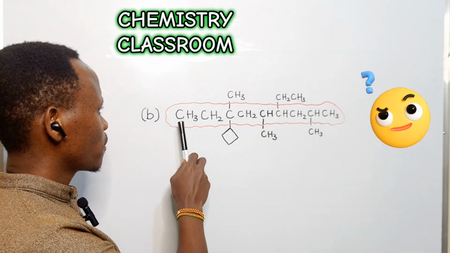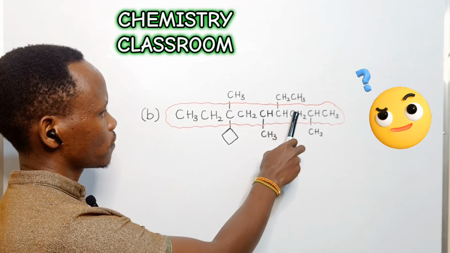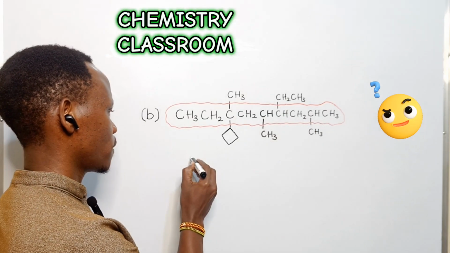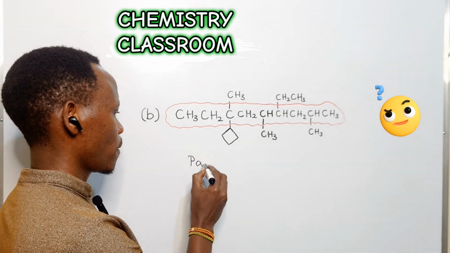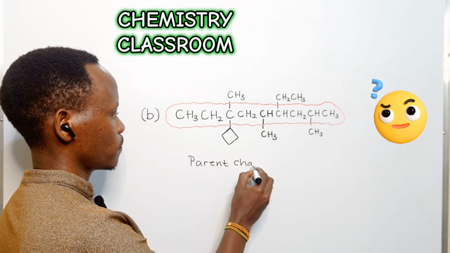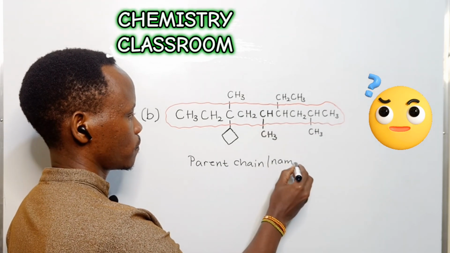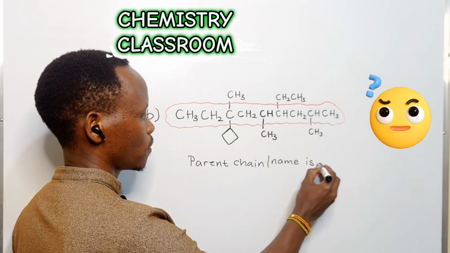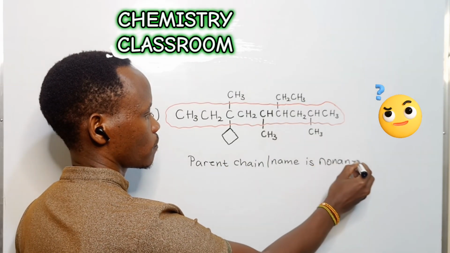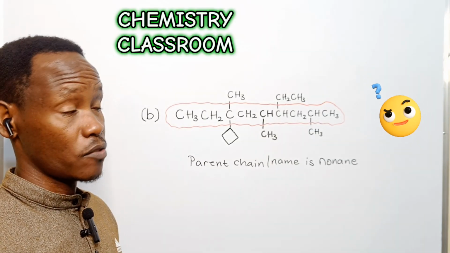By the way, our parent chain has 1, 2, 3, 4, 5, 6, 7, 8, 9, 9 carbon atoms, and therefore the parent name is going to be nonane, since it has 9 carbon atoms.